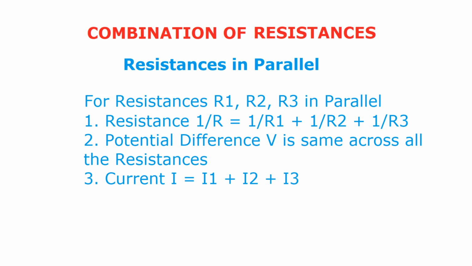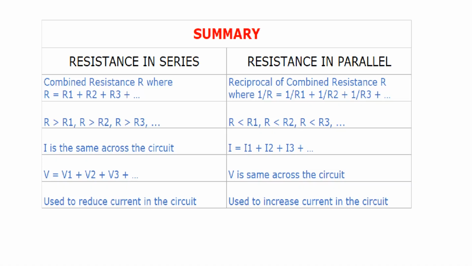Now we will summarize this. Now let's tabulate it so that we can understand it easily. Resistances in series. When the resistances are connected in series, combined resistance R is equal to R1 plus R2 plus R3, and so on.